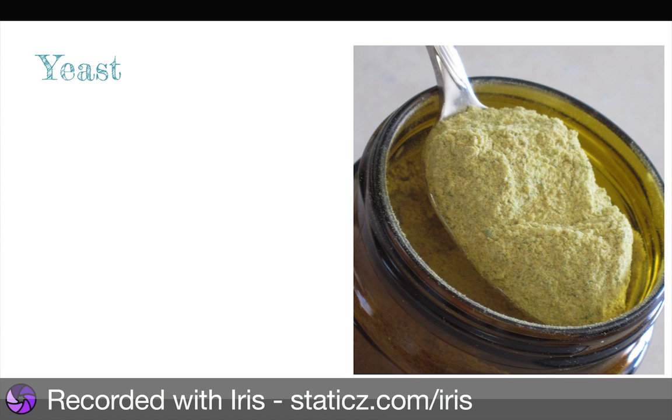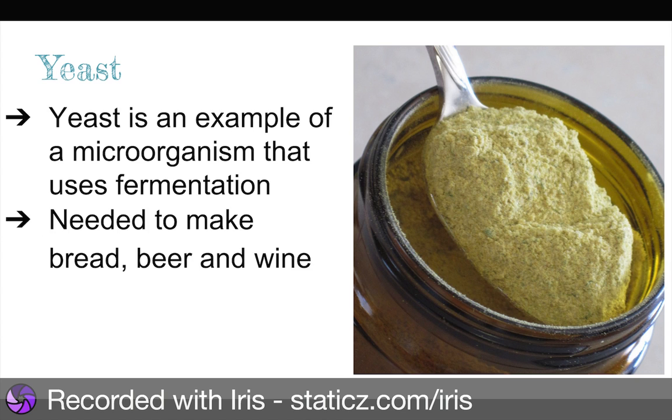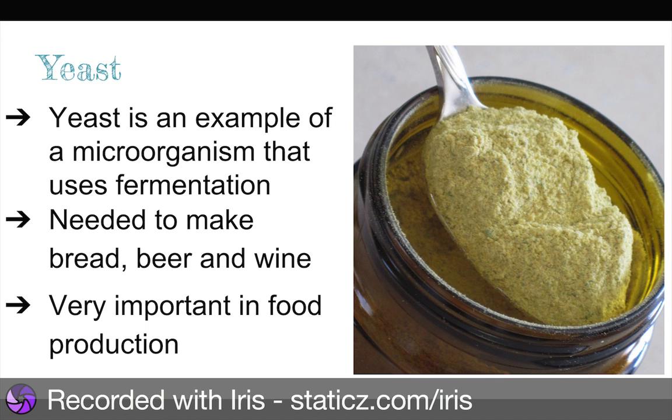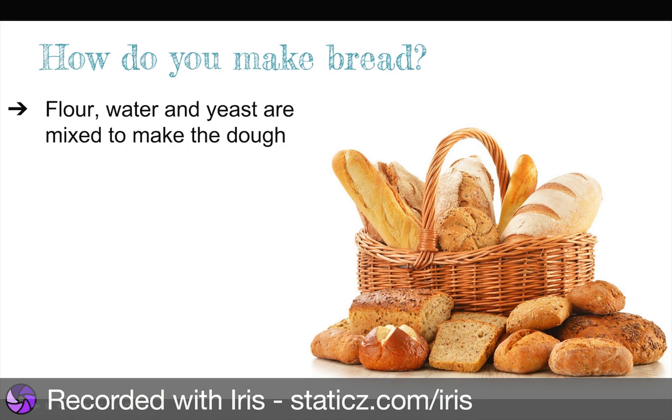Yeast is a good example of a microorganism that uses fermentation, and it is needed to make bread, beer, and wine, as we will talk about later. It is very important in food production. How do you make bread?